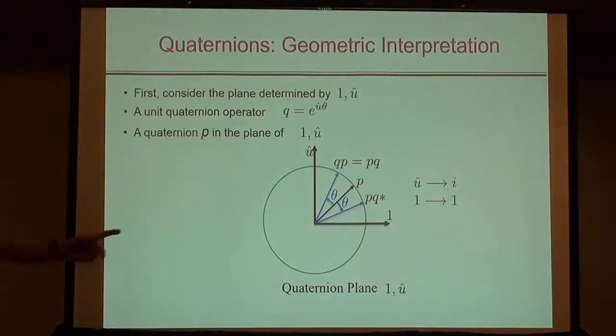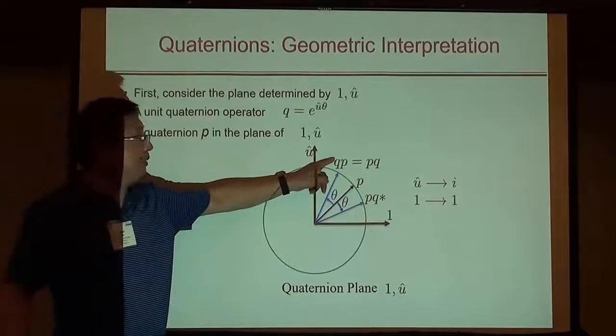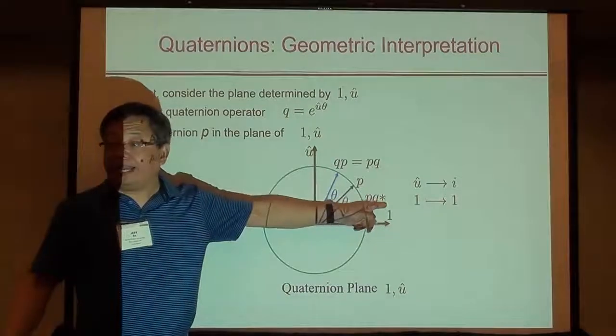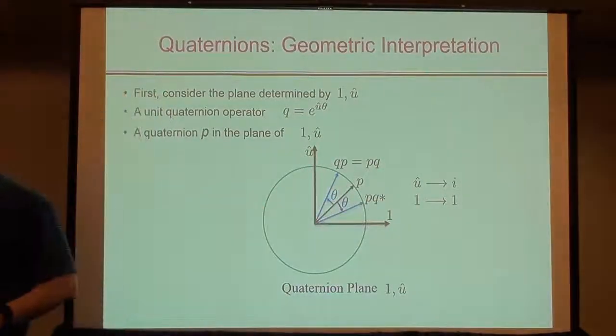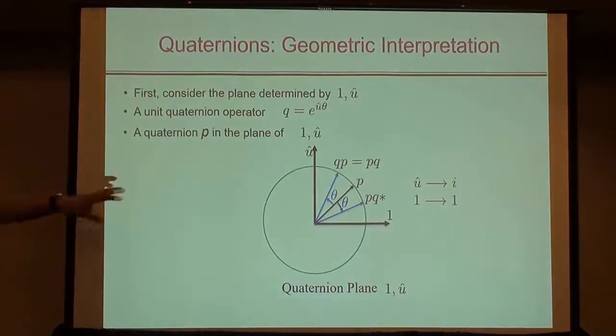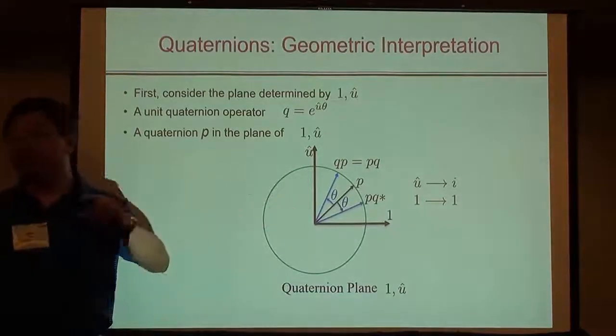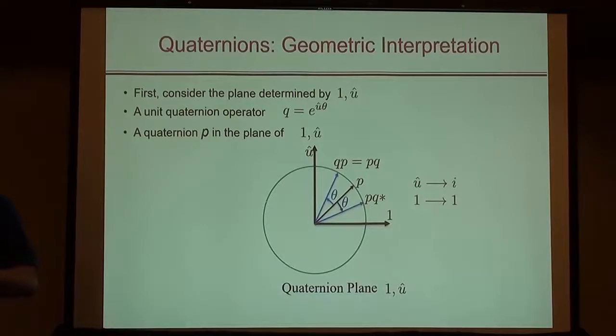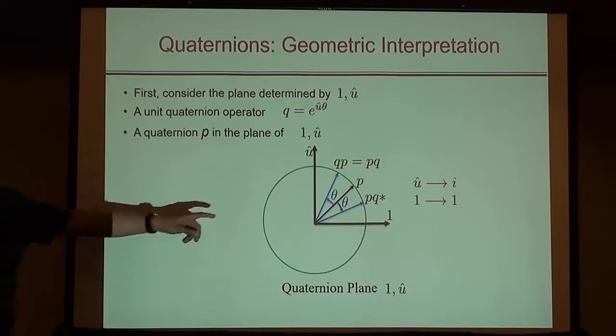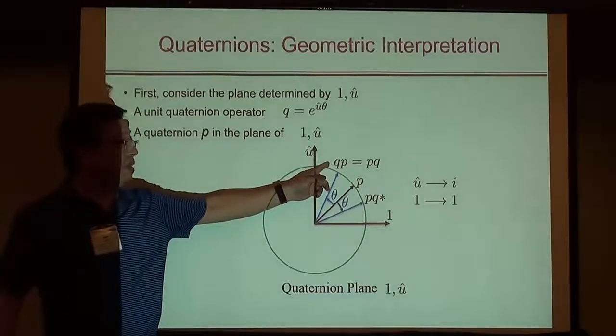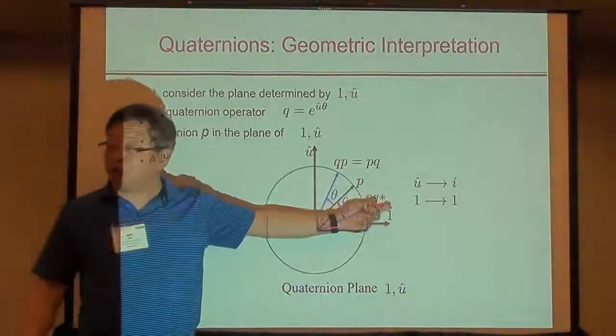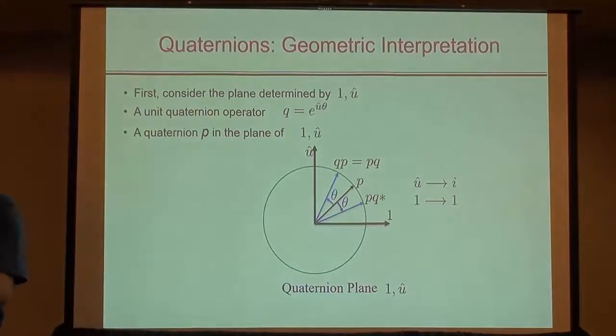We pick them to be the same, but conjugate to each other. So what does that mean? That means you are going to reverse the sign for one of them. It's a combination of conjugation and pre-multiplication versus post-multiplication.